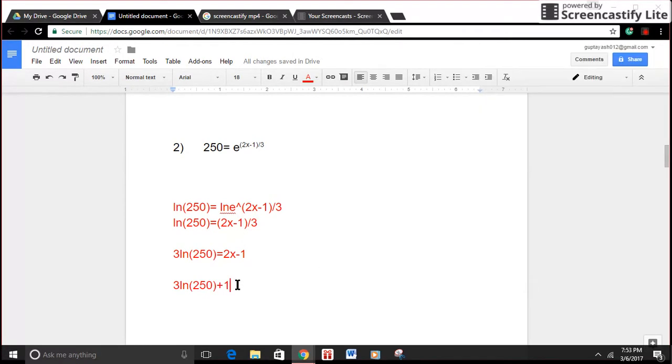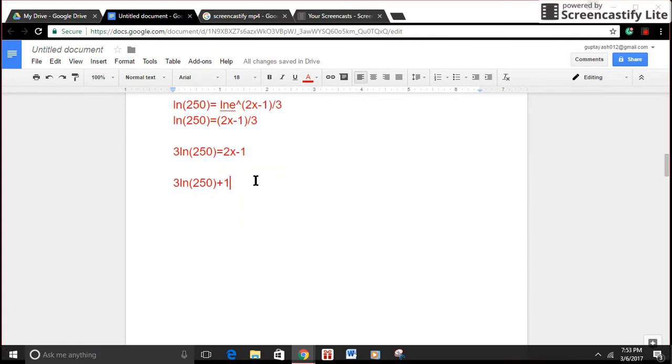So it's going to be all of that, and then divide all of that by 2, with parentheses. And this is your exact answer, which is about 8.78. Close enough. So this is your answer.